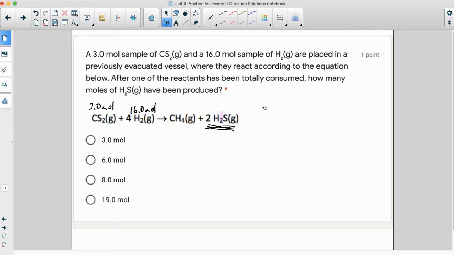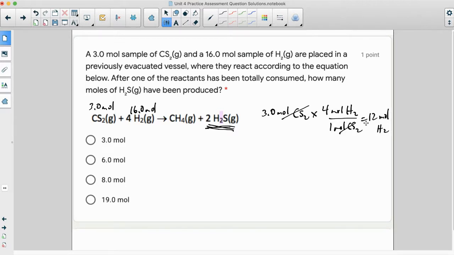So one way to do this is to say, oh, well, 3.0 moles of CS2. I know that if I multiply by 4 moles H2 over 1 mole CS2, I get 12 moles H2.